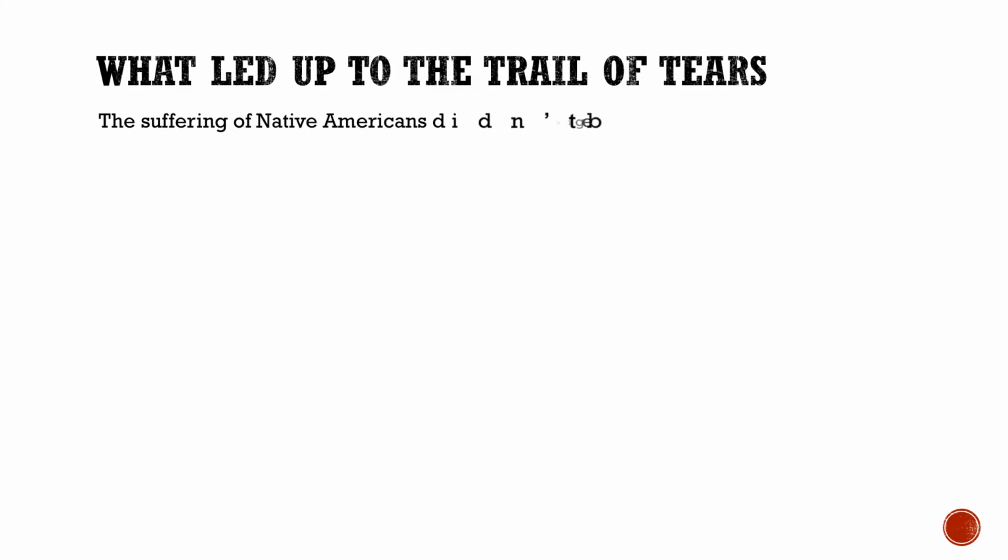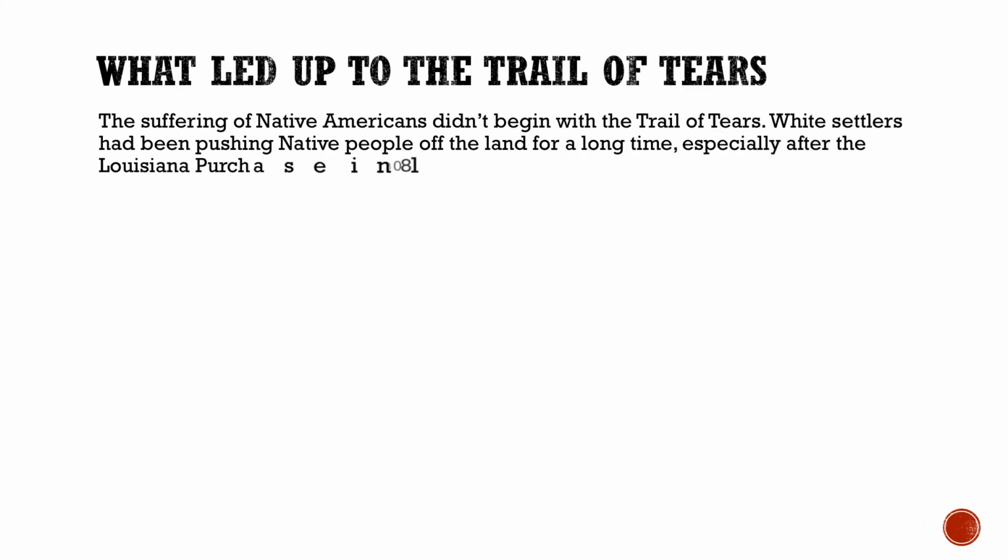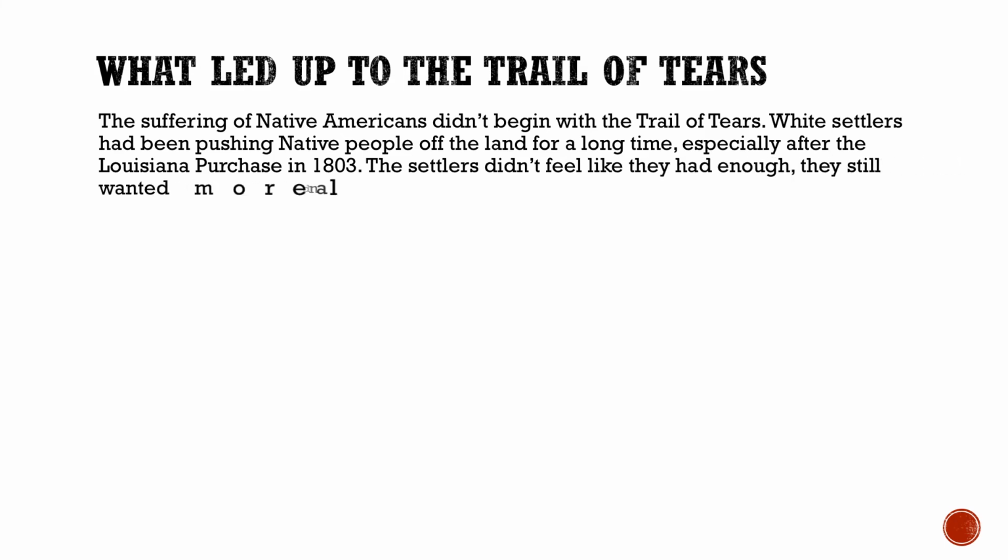the suffering of Native Americans didn't begin with the Trail of Tears. White settlers had been pushing Native people off the land for a long time, especially after the Louisiana Purchase in 1803. The settlers didn't feel like they had enough. They still wanted more land.